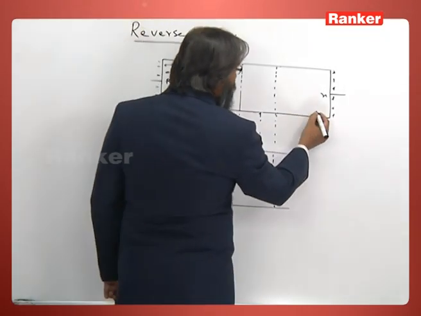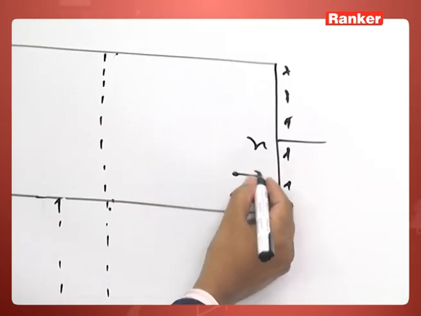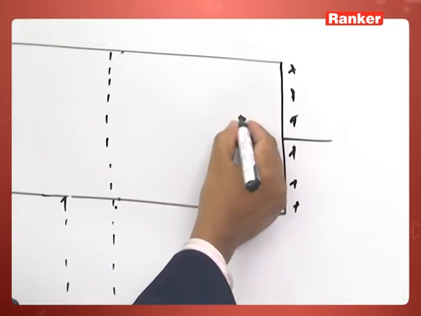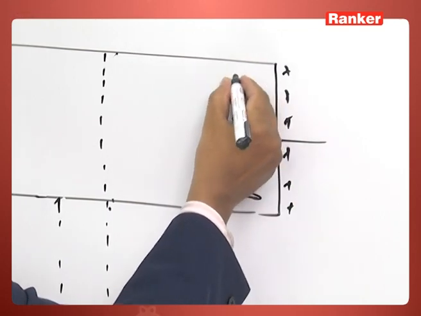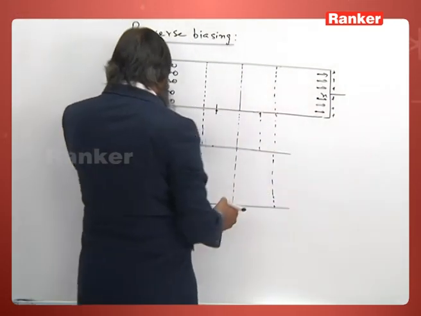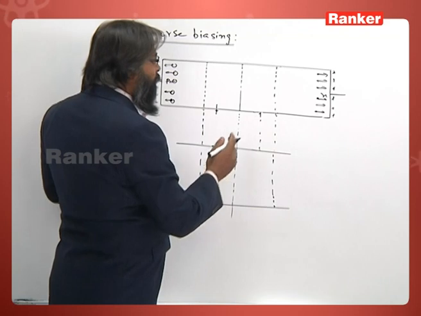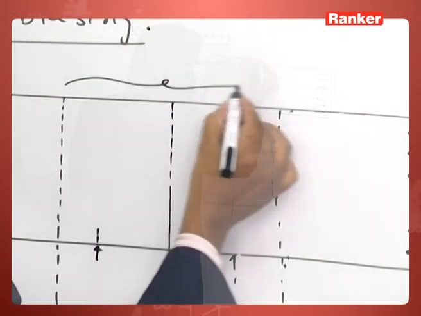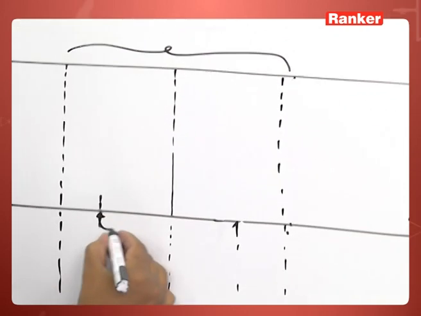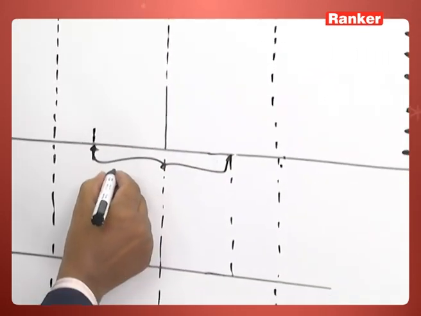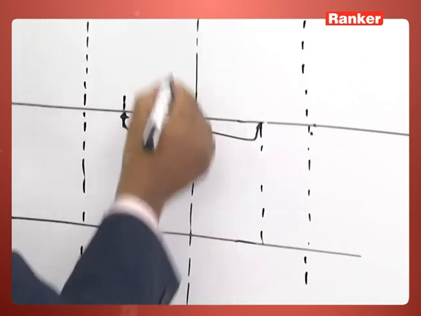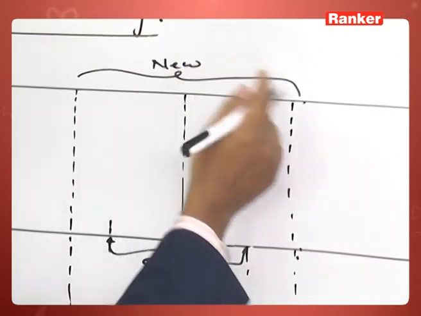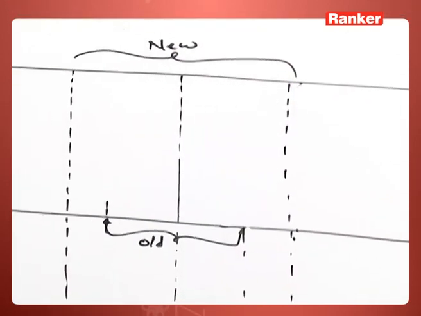And similarly here, these electrons are attracted by the positive potential of the external cell, which I am not showing. So this shifts here. So now this is the new depletion layer, and the previous depletion layer was this old depletion layer, and this is the new depletion layer after biasing.